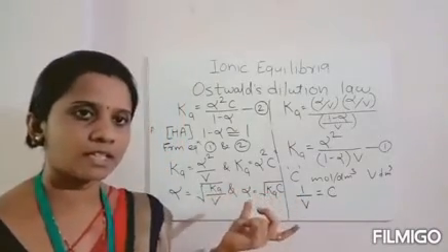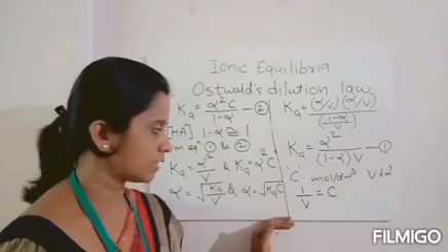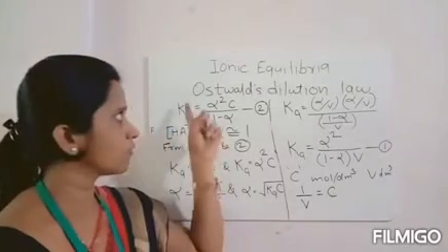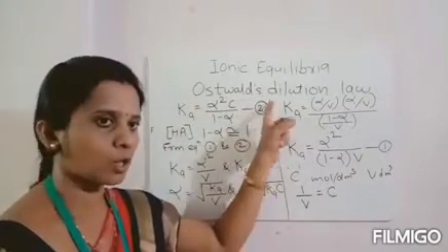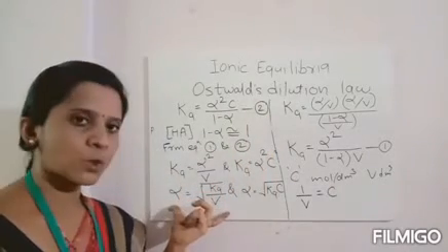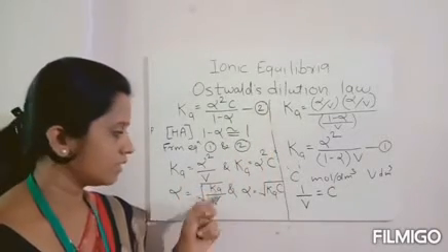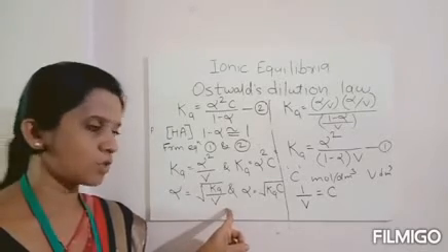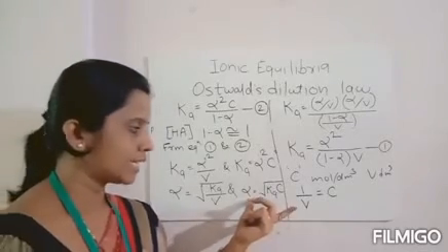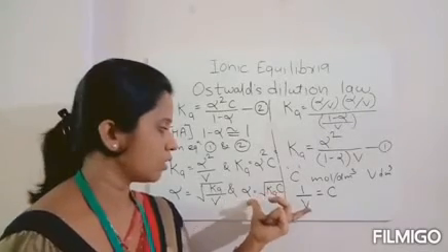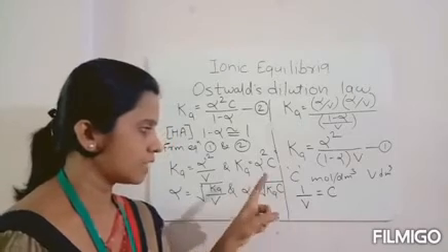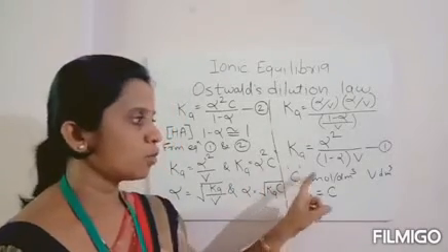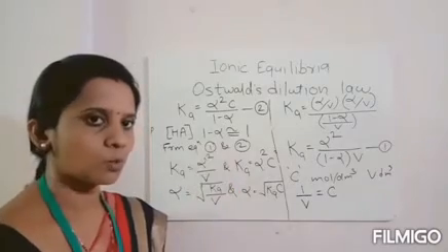Ka is the dissociation constant. The conclusion from Ostwald's dilution law is that the degree of dissociation of a weak acid is directly proportional to the square root of the volume of solution, and inversely proportional to the square root of concentration in mole per decimeter cube.